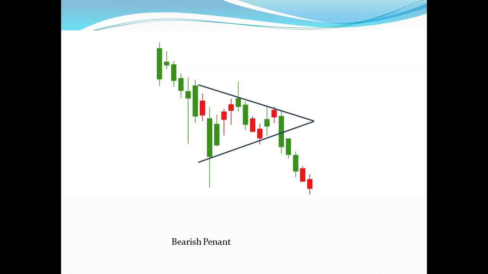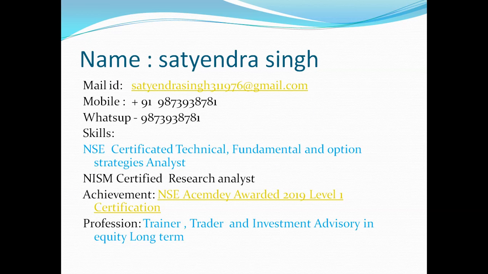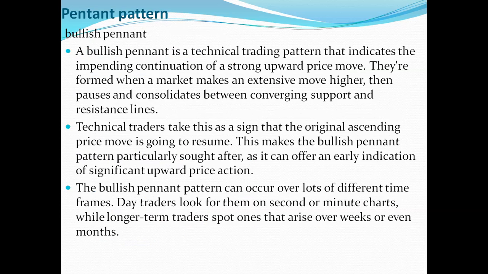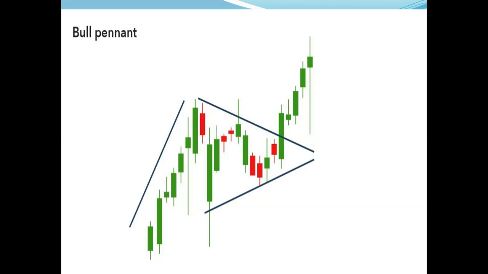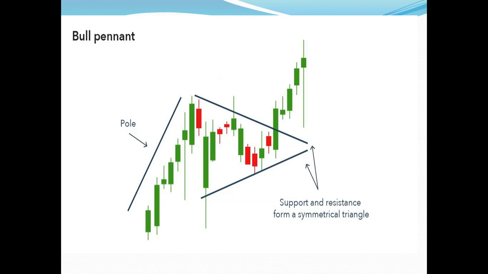So I have covered the bullish pennant and the bearish pennant. Friends, I request you to go to the hourly chart and daily chart. I already told you how to draw a trend line, and this is a bull pennant. You see here it is breaking the resistance line.